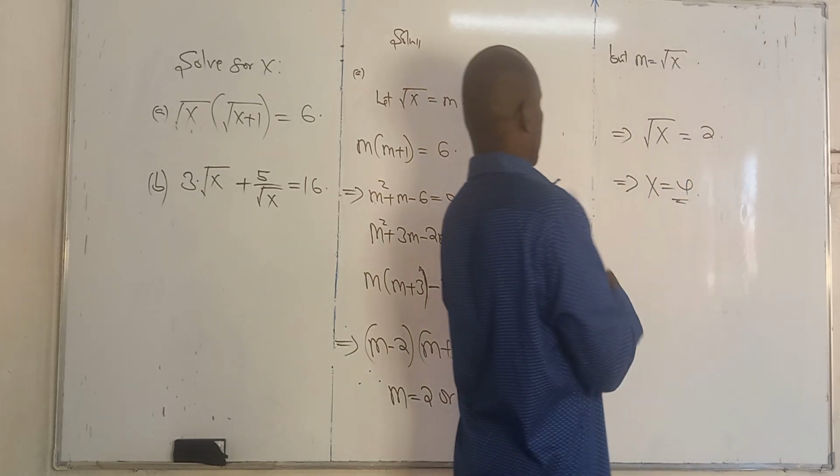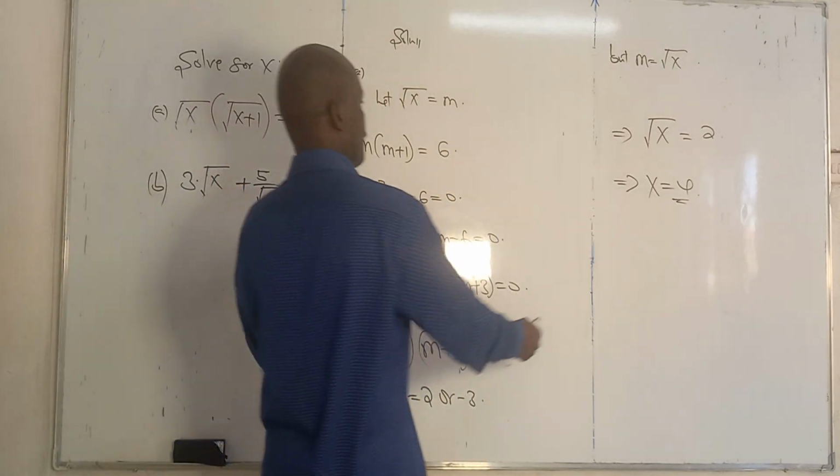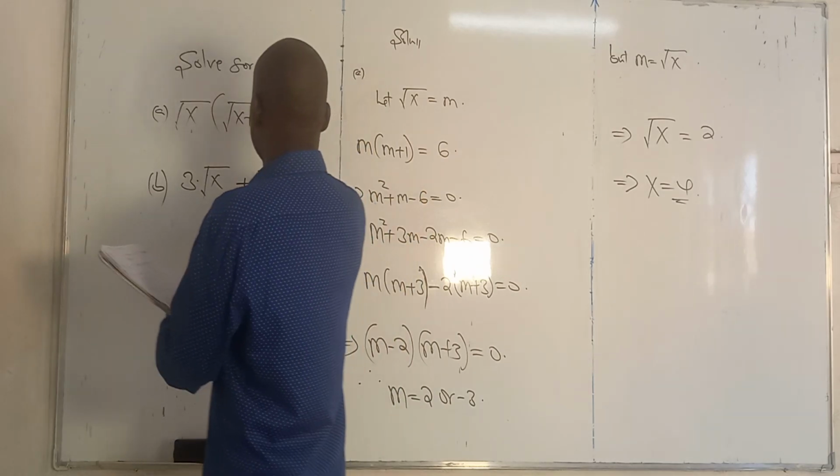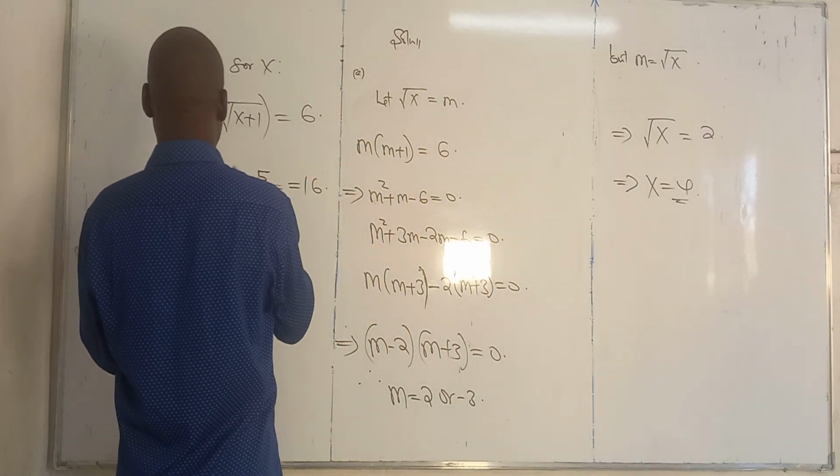That's the answer. X is 4. That is the solution. If you substitute it here, you should be able to get 6. Now that has to do with part A.